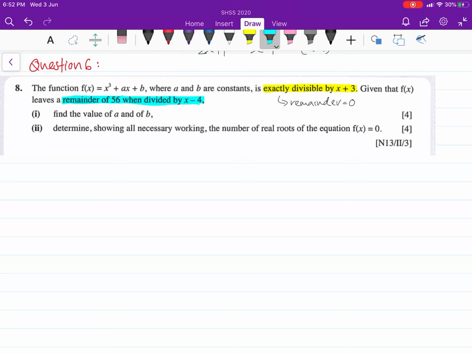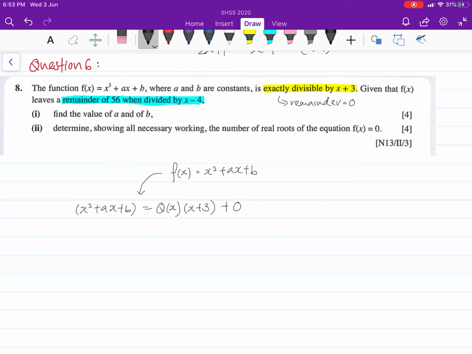So there are two things that we need to do here from this f(x). So f(x) equals x cubed plus ax plus b. I will first divide it by x plus 3 using the remainder theorem, which is x cubed plus ax plus b equals the quotient multiplied by the divisor plus the remainder, which is 0.